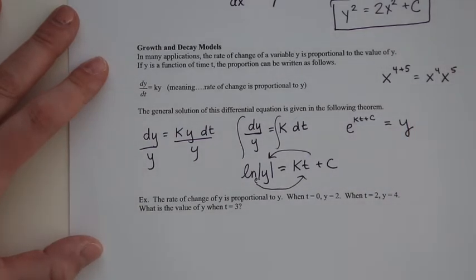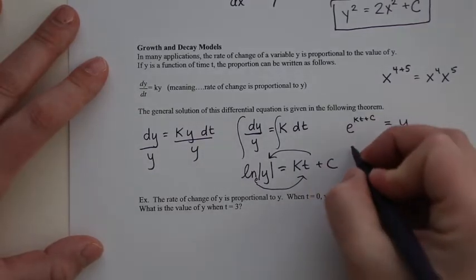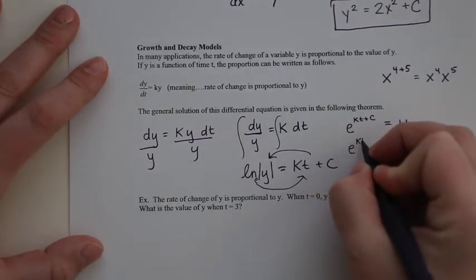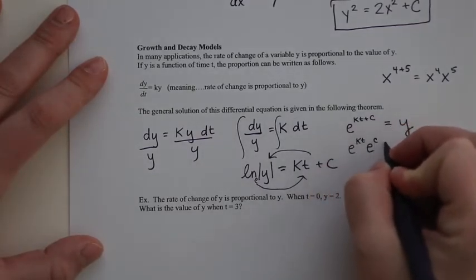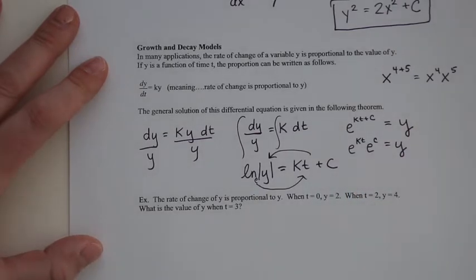If you're adding together your exponents there, that means that the bases are being multiplied. So I'm going to rewrite this in the same way. This is e to the kt times e to the c. I'm just splitting up that exponent piece. E to the c is just some number. We don't know what our constant is, but it's going to give us some kind of number.